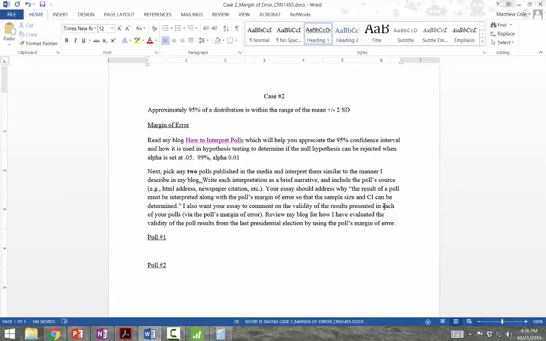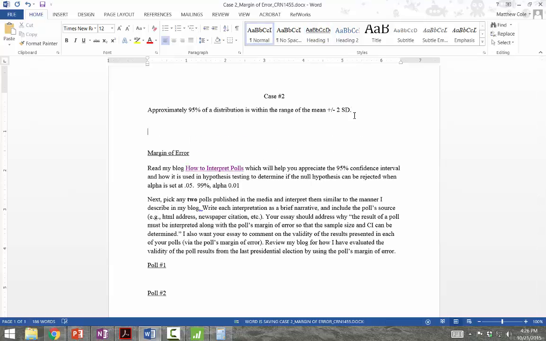That's the empirical rule. Well, what we're going to find now is that since the word was approximately, we're going to see that the precise value is 1.96.